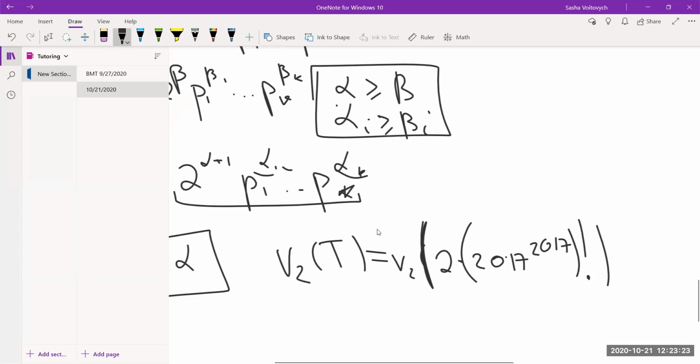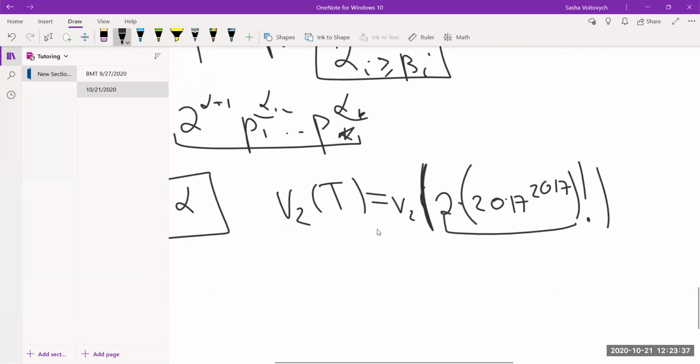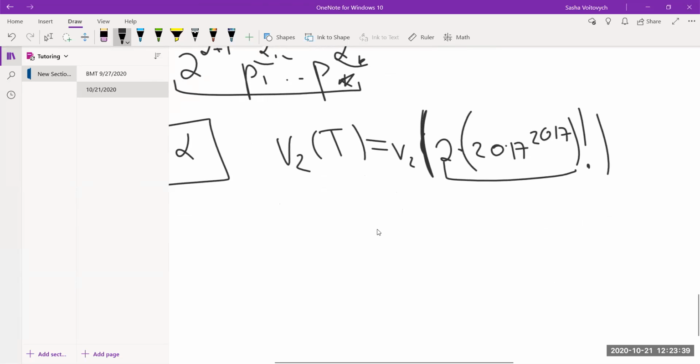So, what this tells us about t is that t is very big, because the power of 2 dividing this guy is huge. So what is it equal to? Well, because it is a factorial, we know how to compute it.